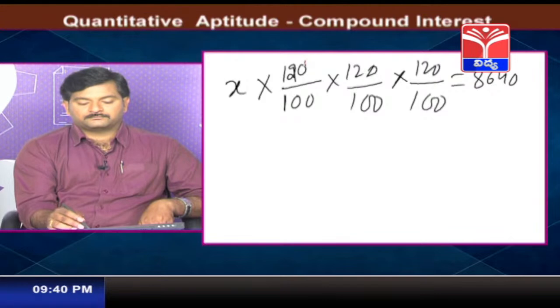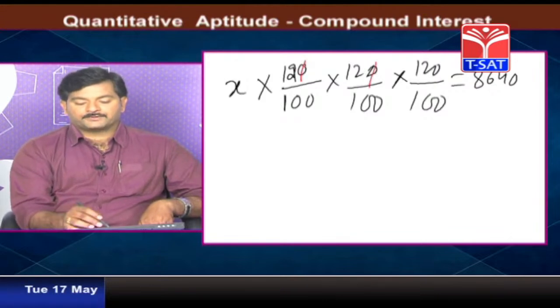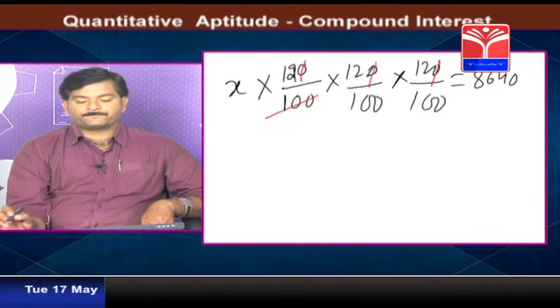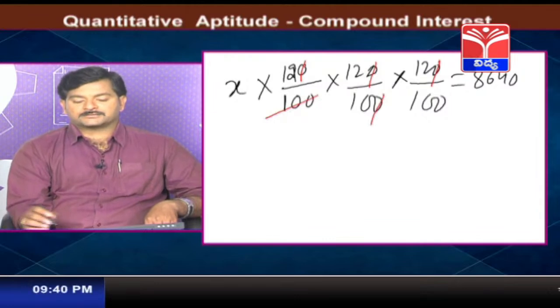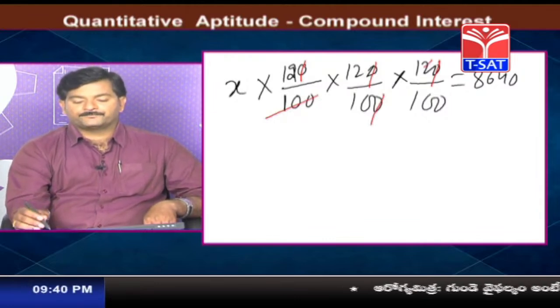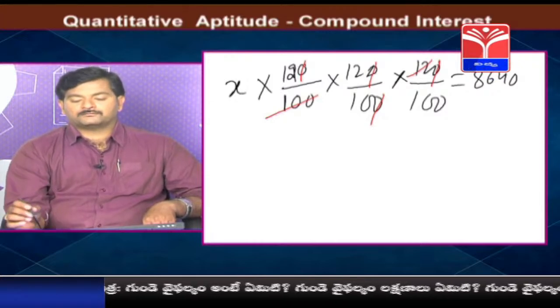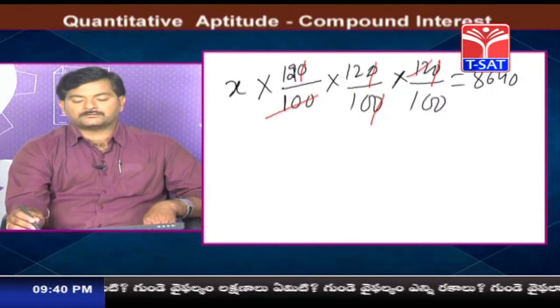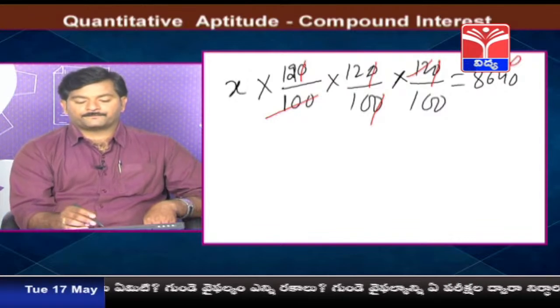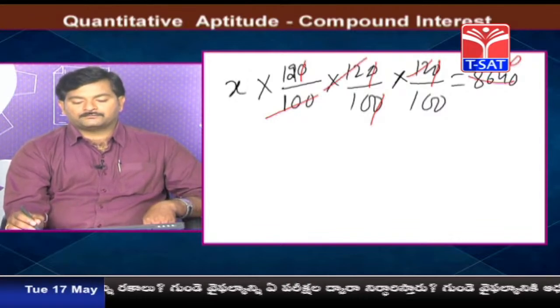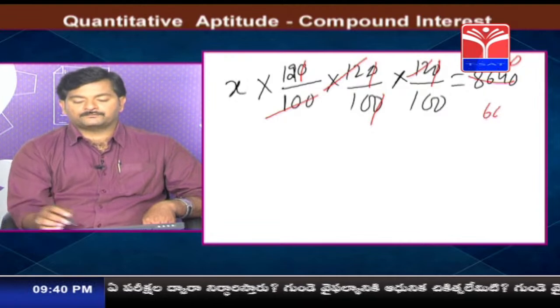Simplification. This will cancel. 1, 2, 3. These 3 zeros are cancelled. Cancel with the 12 table. 12 sevens are 84. 12 twos are 24. Again 12 sixes are 72.